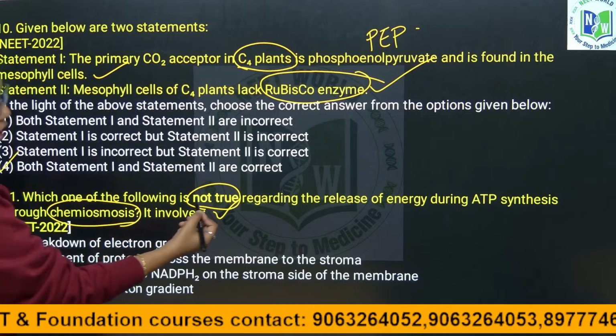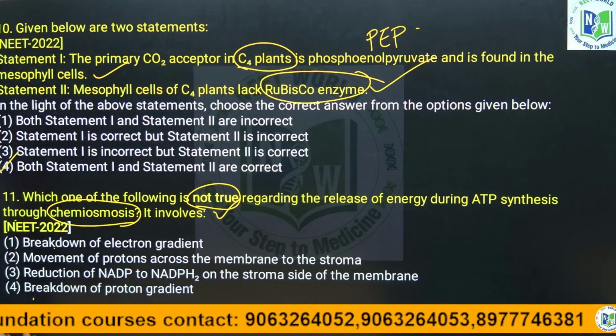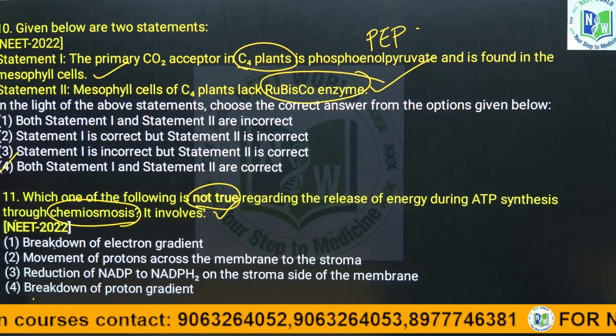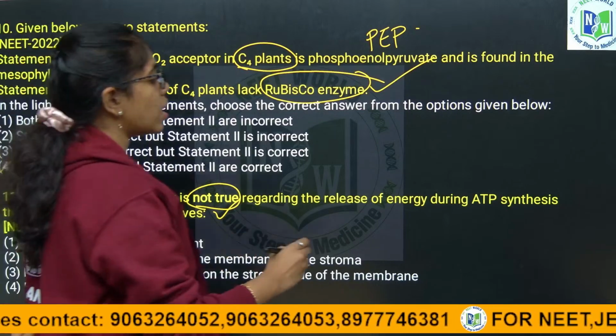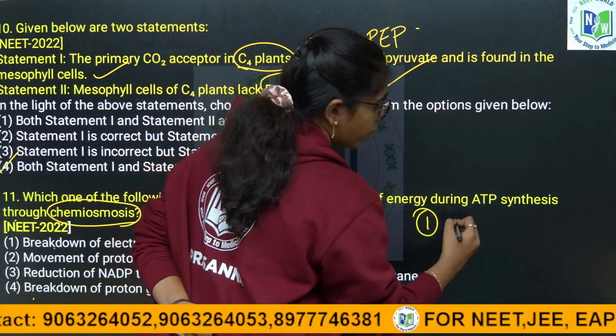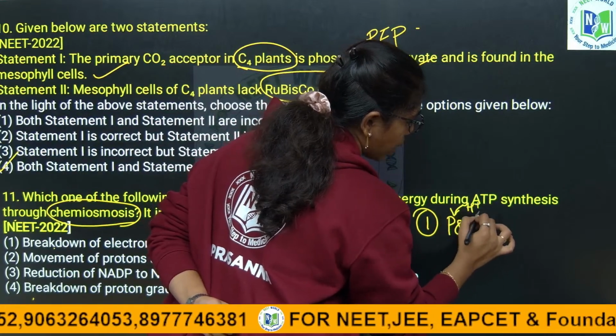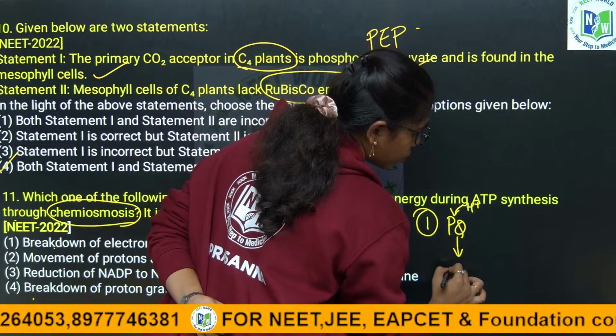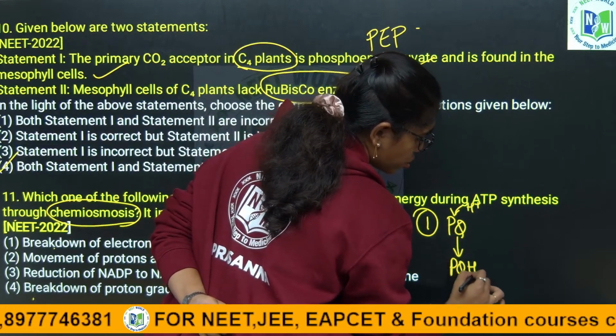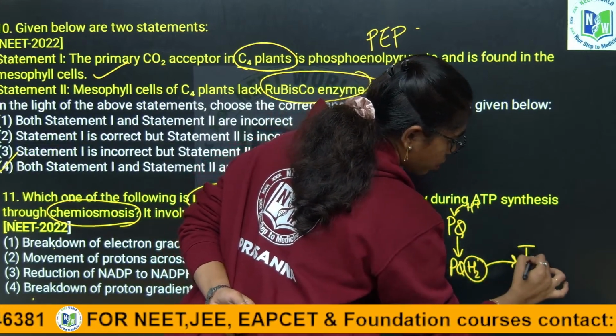We have three major reasons. One is during the Z scheme, PQ accepts protons from the stroma and gives them to the lumen. Through PQH2, the H plus are transferred to the thylakoid lumen.